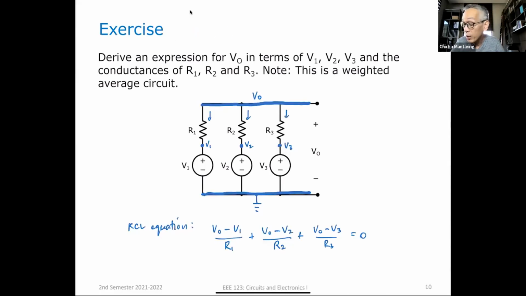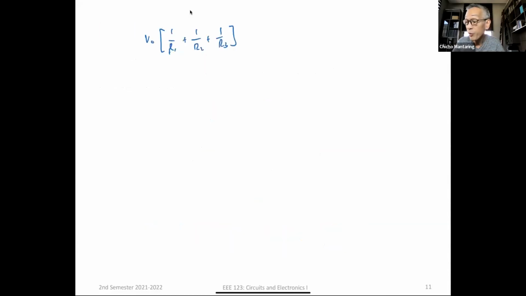So what did I do? I just factored the coefficients of V sub O from each of the terms. So that's V sub O times 1 over R1 plus 1 over R2 plus 1 over R3 is equal to V1 multiplied by 1 over R1 plus V2 multiplied by 1 over R2 plus V3 multiplied by 1 over R3.